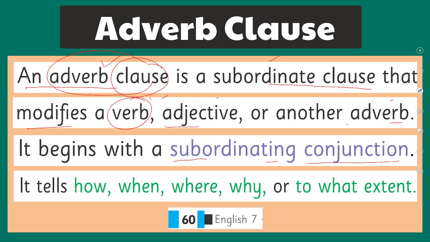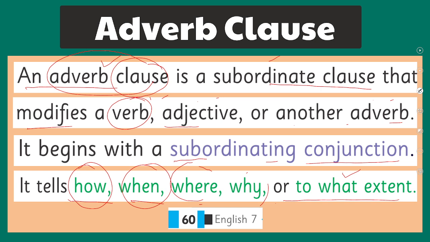It tells you how, when, where, why, or to what extent something happens. You answer how something happened, when, where, why, and at what point, what limit, or what extent it happened. So we need to answer all these questions in our adverb clauses.